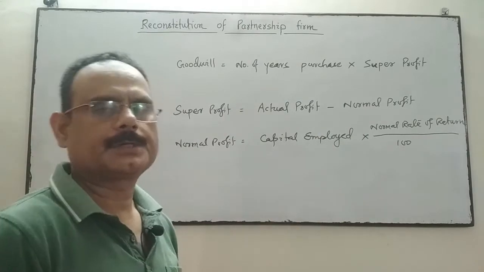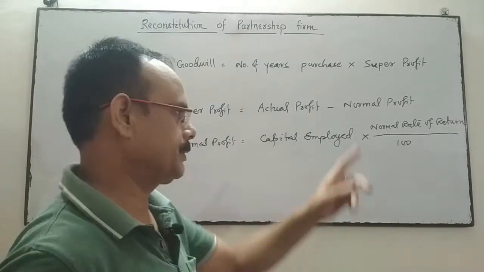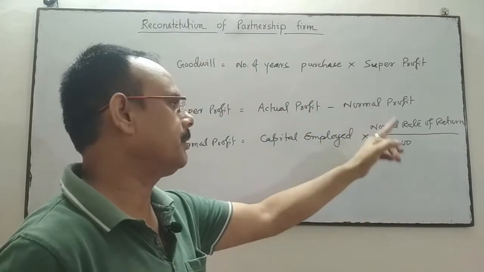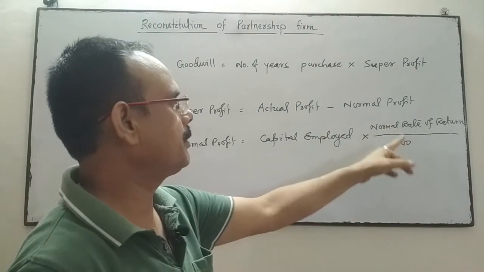It may be 20%, 12%, 15% or 18%. If it is 18%, then 18 upon 100. If it is 15%, then 15 upon 100. If it is 20%, then 20 upon 100.